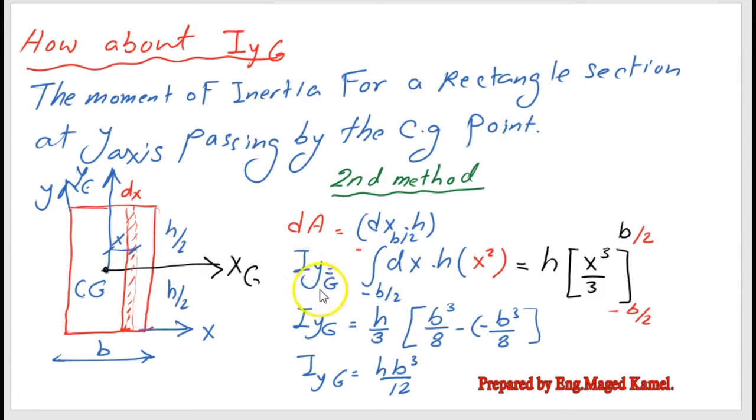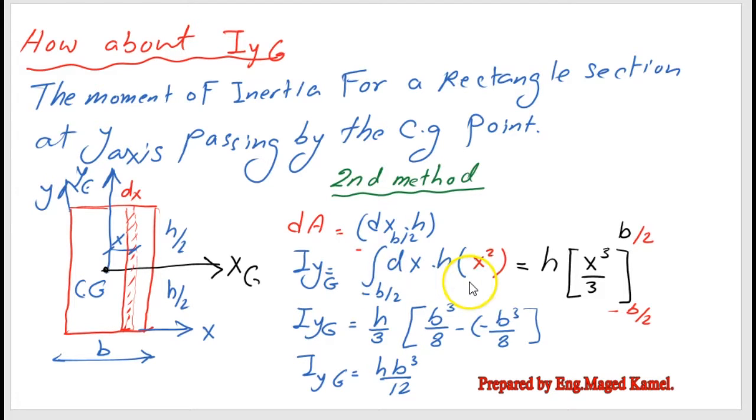Then Iyg at the center of gravity equal to the integration from minus b over 2 to plus b over 2 of the multiplication of dA, which is equal to dx by h, multiplied by x to the power of 2, x squared. h being constant will come out.